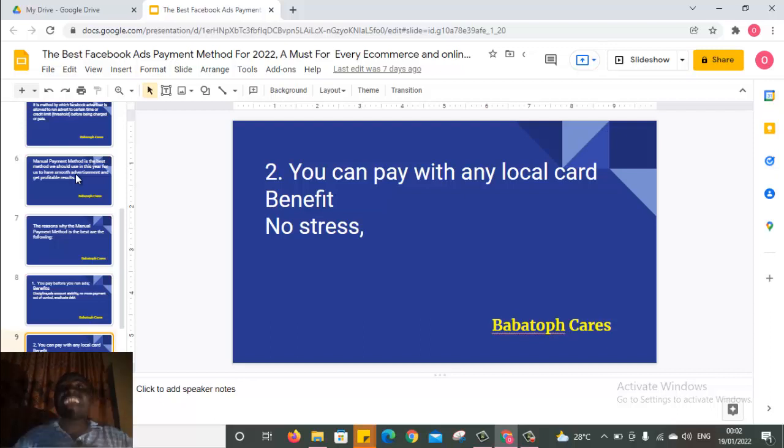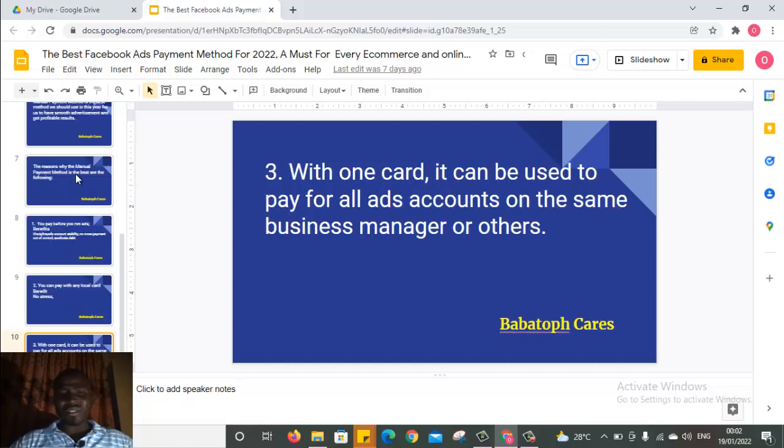That's it. You can use any card. You don't need to be looking for a virtual card up and down, saying I need this, I need that. No, your local card can be used. No stress. Are you getting it? That's another very good advantage of it.